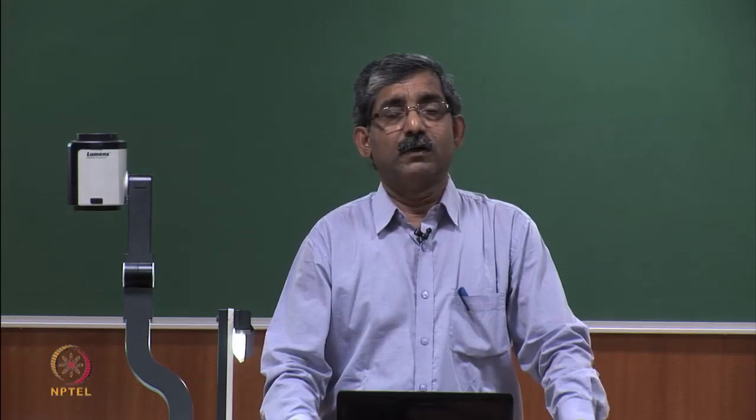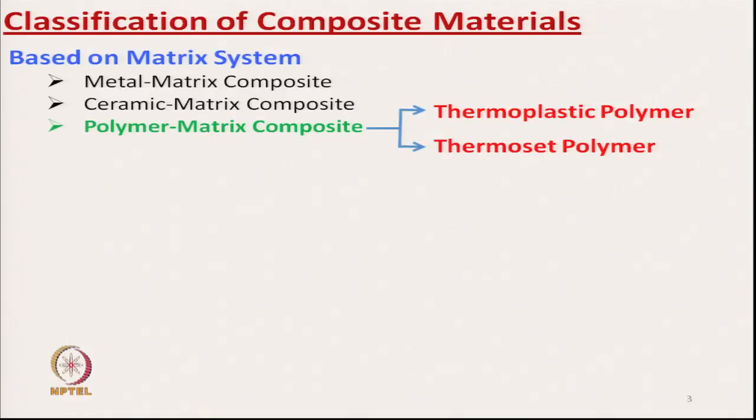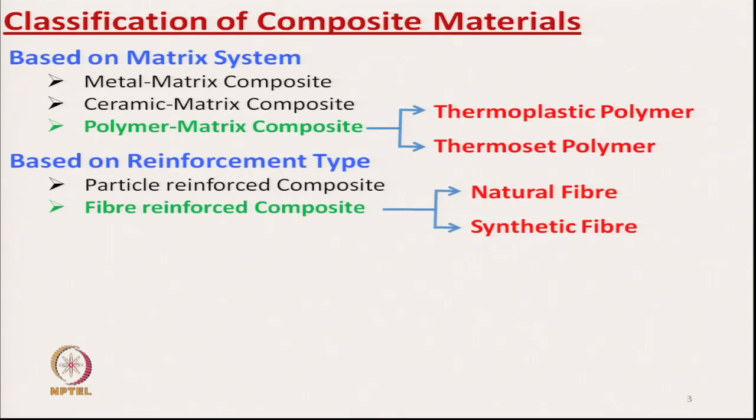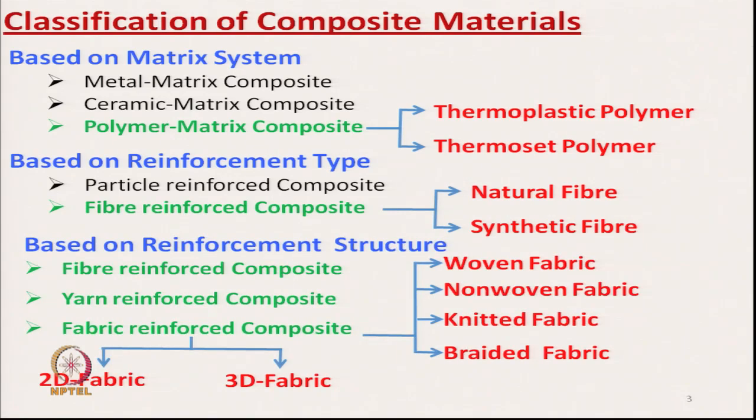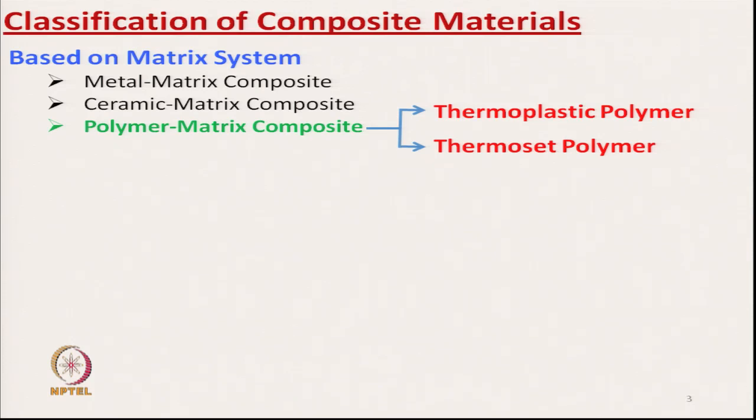So, let us now see how the composite materials are classified. Composite materials are classified based on matrix system, based on reinforcement type and based on reinforcement structure. First, based on matrix system.